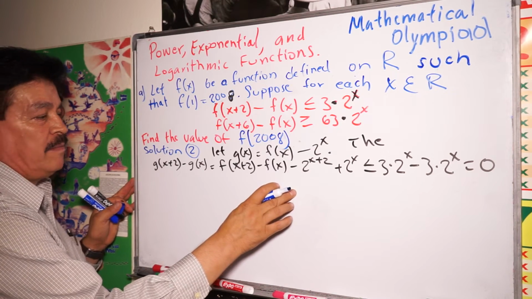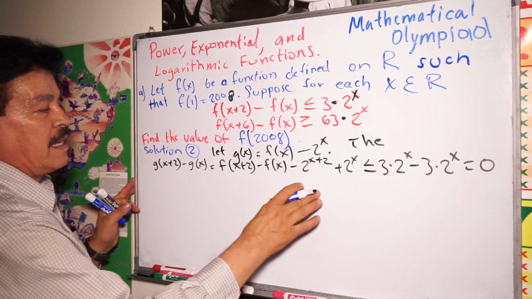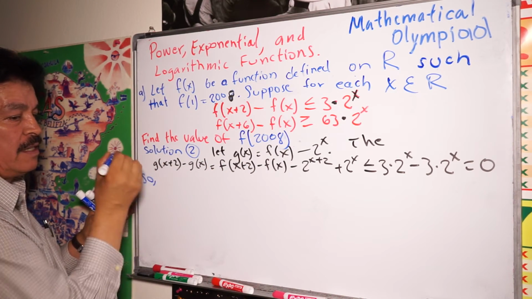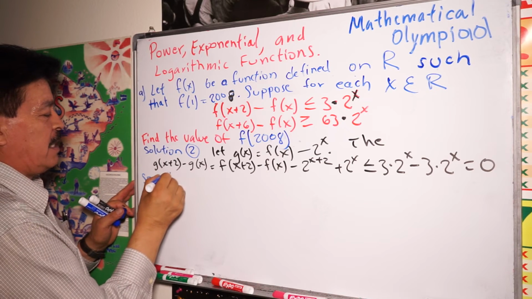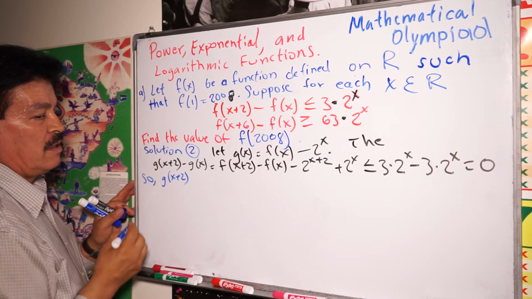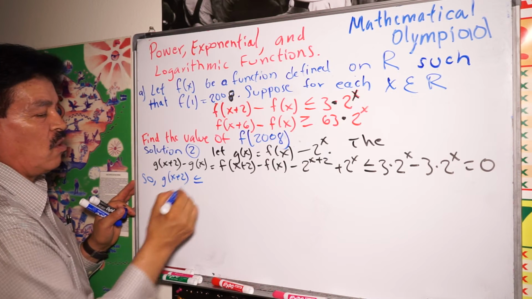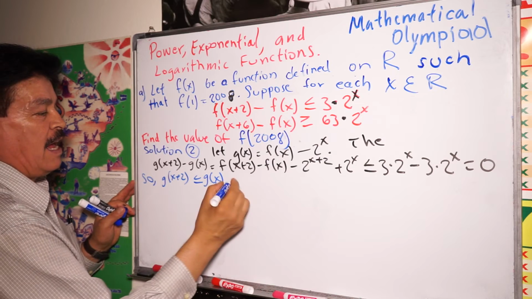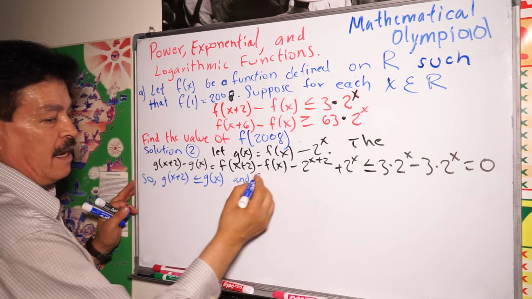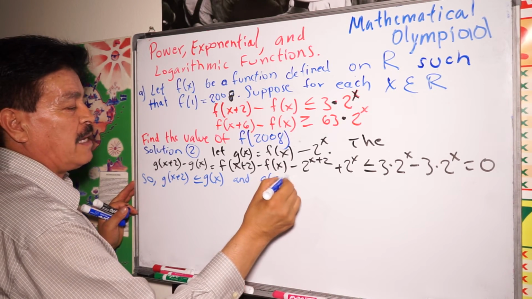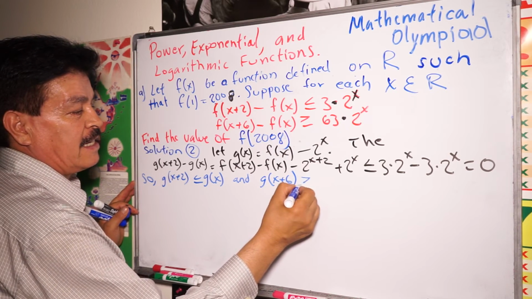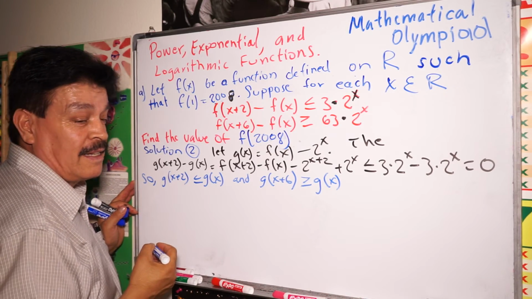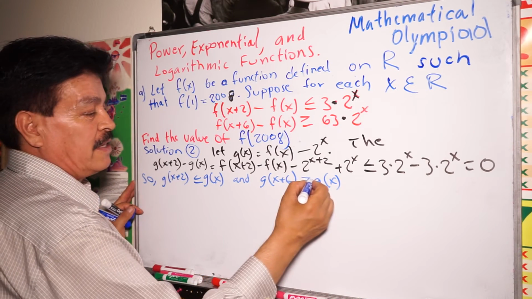Okay, now you have started with this problem, the solution number 2. So here, g(x+2) is less than or equal to g(x), and g(x+6) is greater than or equal to g(x). Look at this.